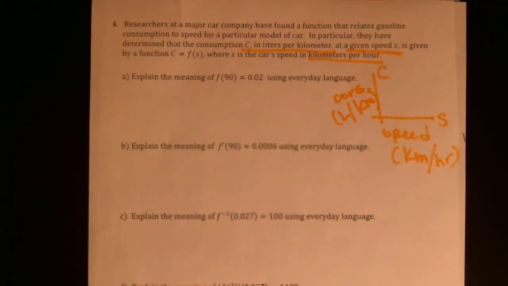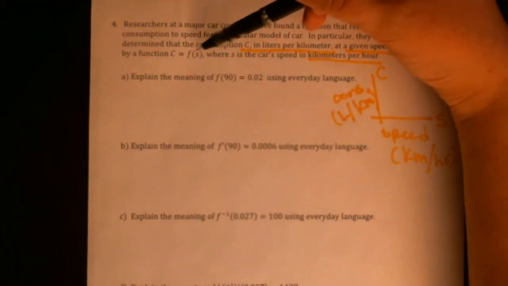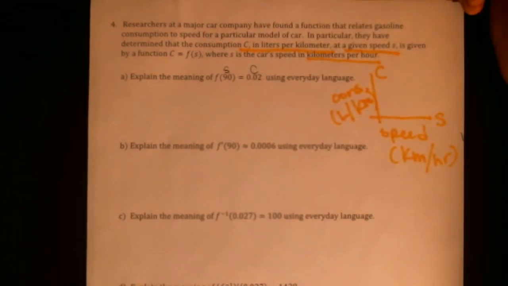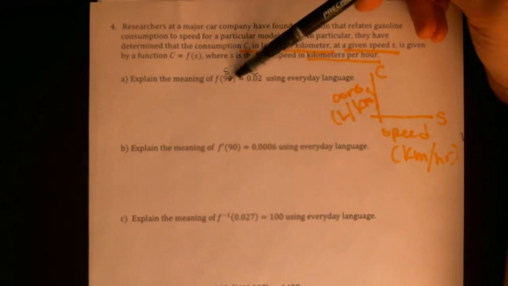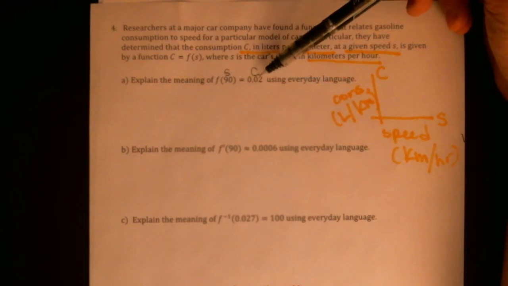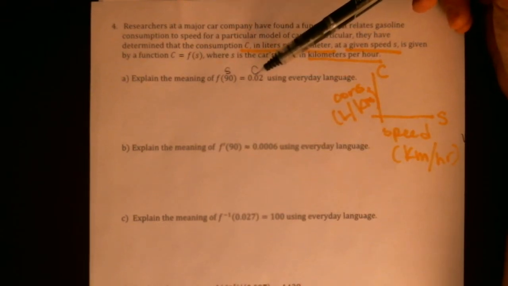So the first statement we're supposed to figure out the meaning of is f of 90 equals 0.02. So remember, this function inputs an s and outputs a C. So this is telling us, given this speed, we will have this fuel consumption, and then it's just a matter of making sure we tack on our units.